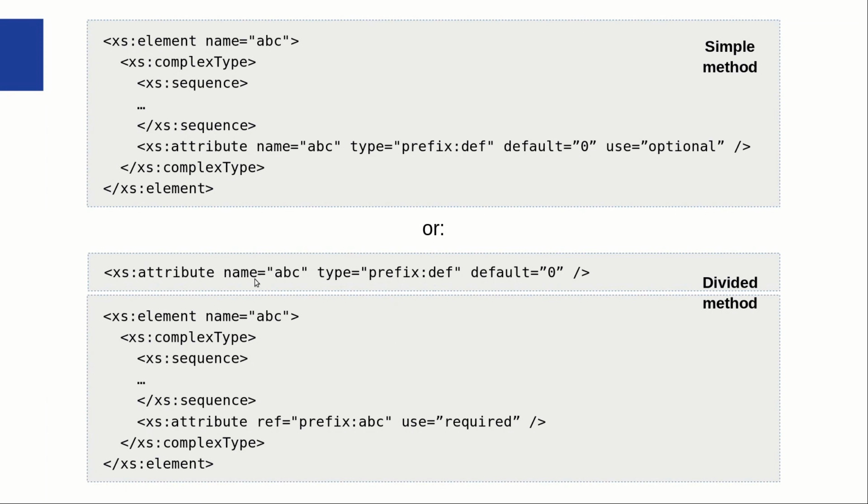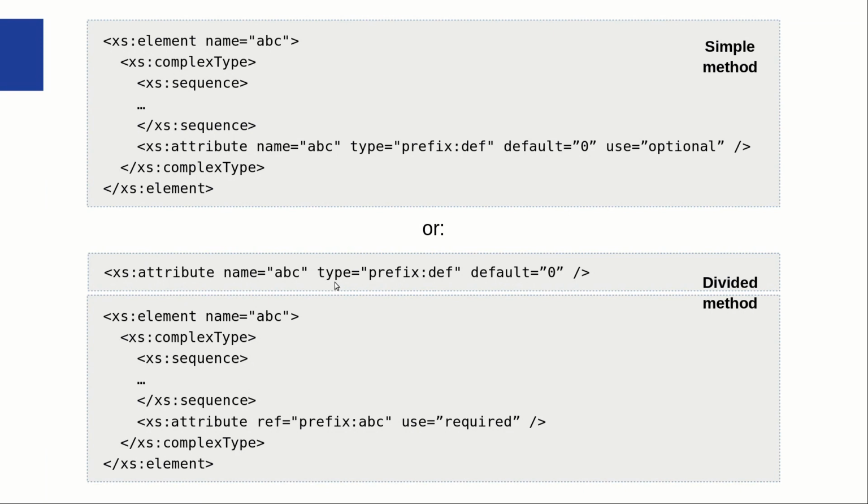And here below, when using the divided method or the named types method, instead of you declare the attribute inside the complex type of the complex element, you declare it globally. So you set the name, you set the type, and you may set the default or fixed values.